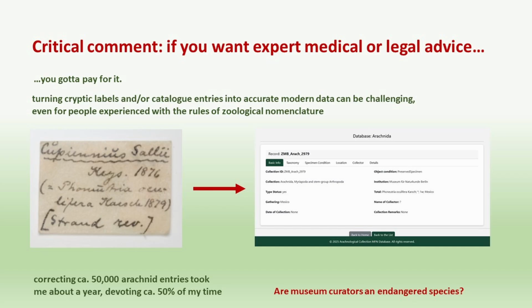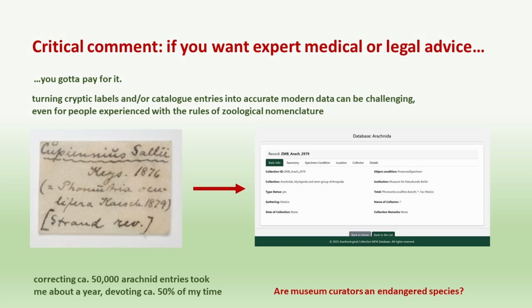And what sometimes annoys me is you sometimes hear, oh, databasing is easy, we'll just grab a couple of students, they'll do it all for us. For the transcription, that's okay. But for this correction work, you really do need, I think, qualified people in there doing that.